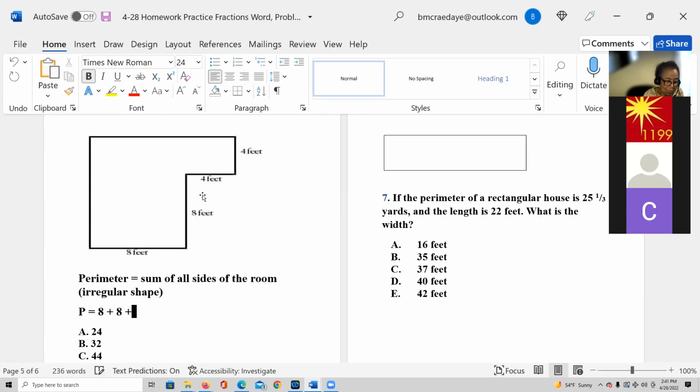Okay, what else? 4 and 4. That's right. You've got 4 here and you got 4 here. Okay, so you got 4 here twice. And what else? What 4 is that?